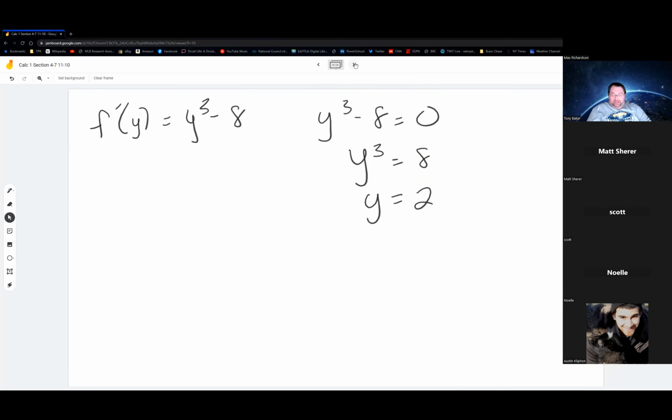So we also can look at when it's positive, when it's negative. So again, you can look at these. The only time your sign is going to change is if you multiply or divide by a negative. So if you're looking at this is the positive side, I'm not going to multiply or divide by a negative. So y is greater than 2, so this is the positive side.